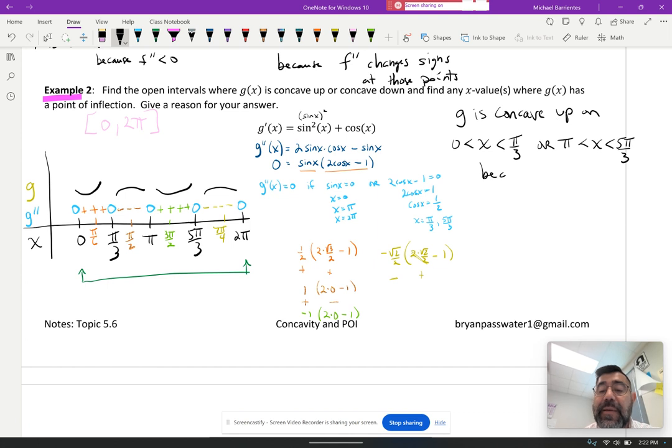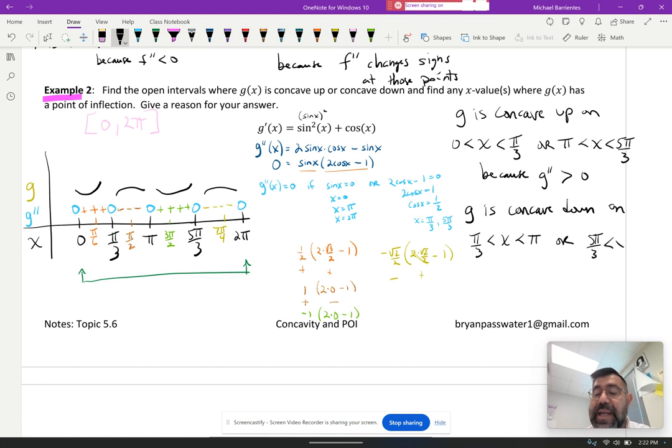And I know this because the second derivative is greater than 0. It's positive. Very similarly, we're going to say G is concave down on between pi over 3 and pi, or in this other section, between 5 pi over 3 and 2 pi. And I know this because g double prime is negative, less than 0.